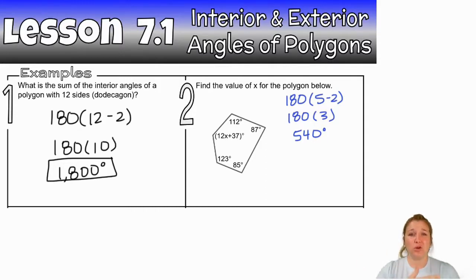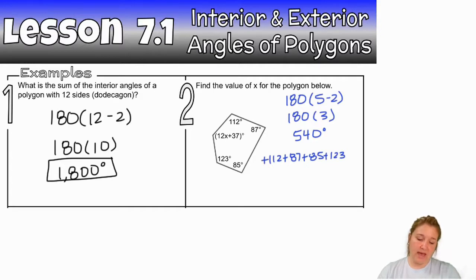So before, we did this a lot with triangles. So that was always 180. Well, now that we're throwing in some more polygons, we're going to have to change how much it's going to be equal to. So I'm going to have 112 plus 87 plus 85 plus 123.